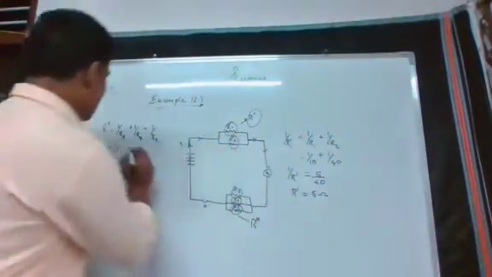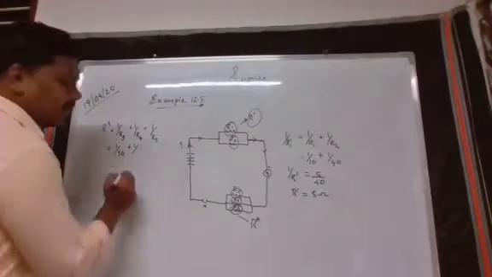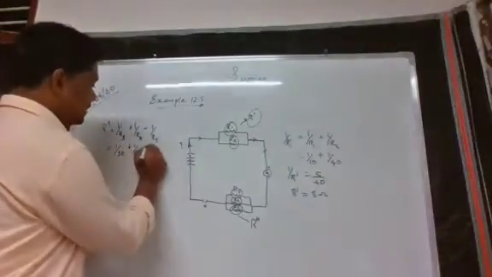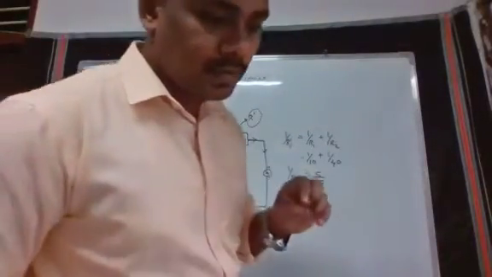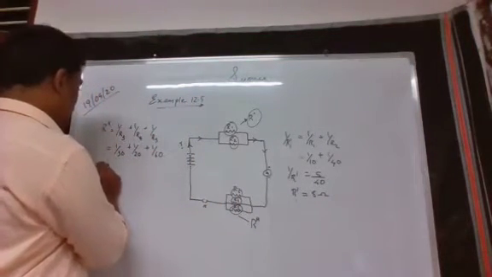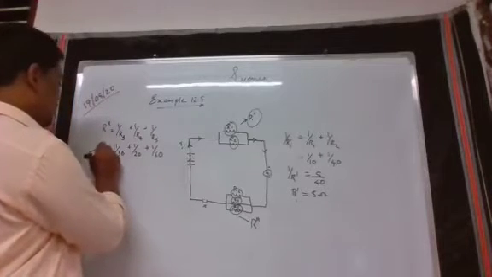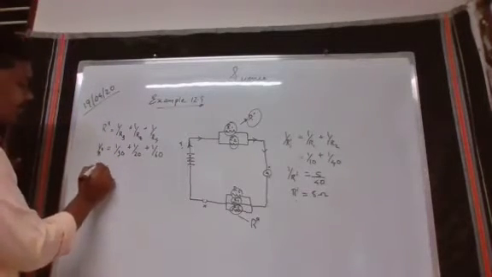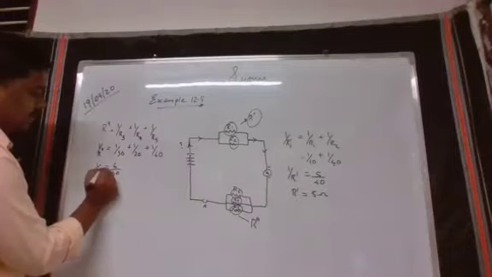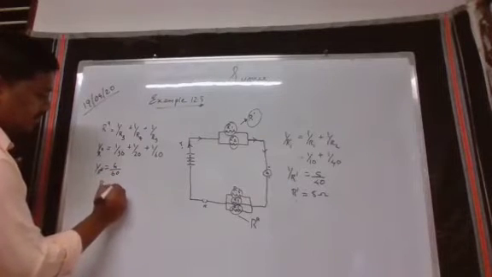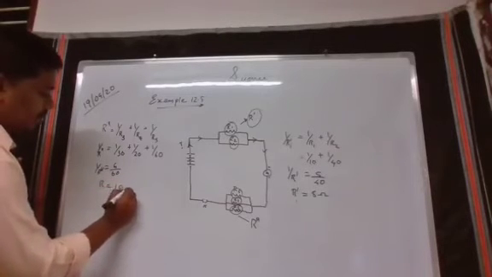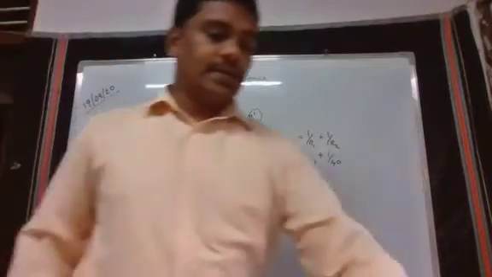That is 1 by 30 plus 1 by 20 plus 1 by 60. We will get 1 by R double dash is equal to 6 by 60. Then R double dash we will get as 10 ohm.